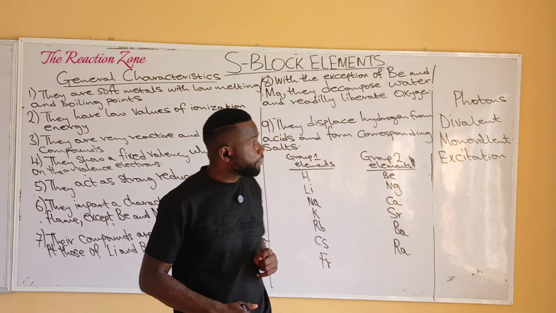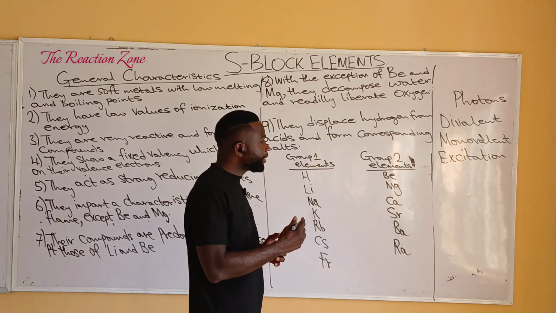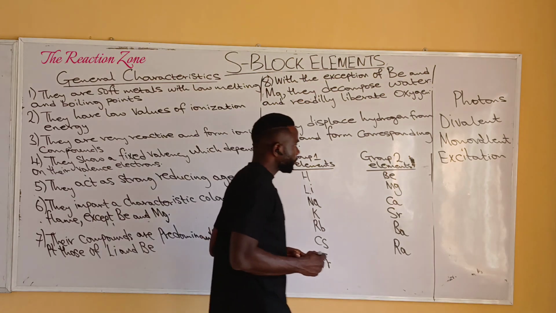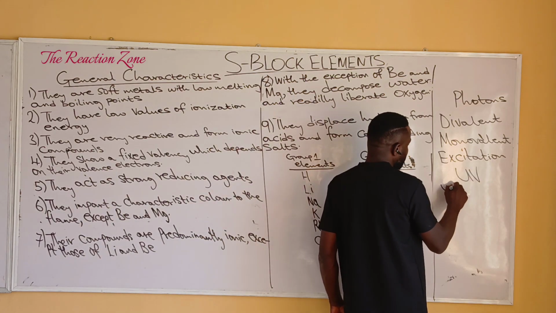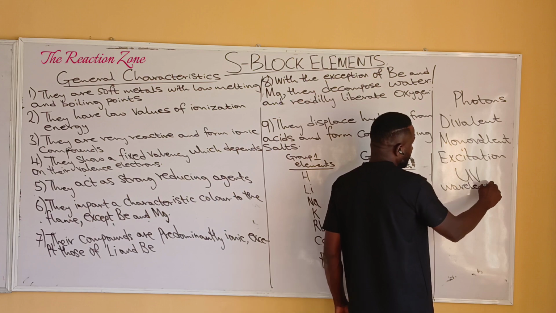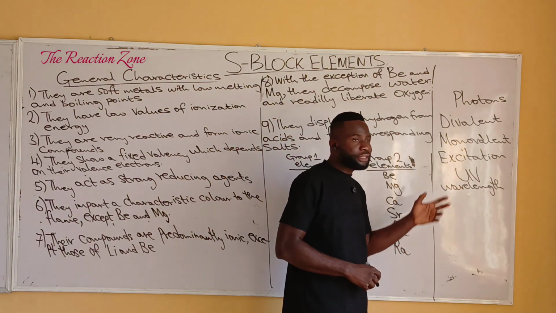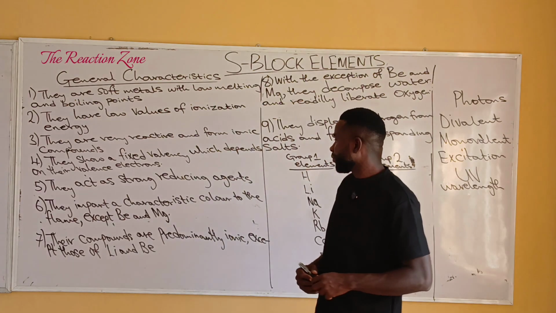The second reason is that the energy transitions of beryllium and magnesium are in the ultraviolet wavelength, that is, the UV wavelength. And the ultraviolet wavelength is not visible to the human eyes.